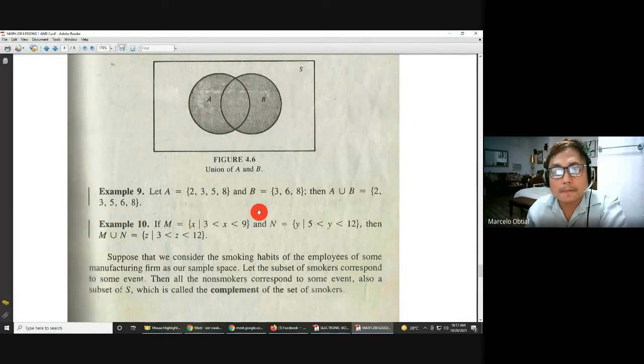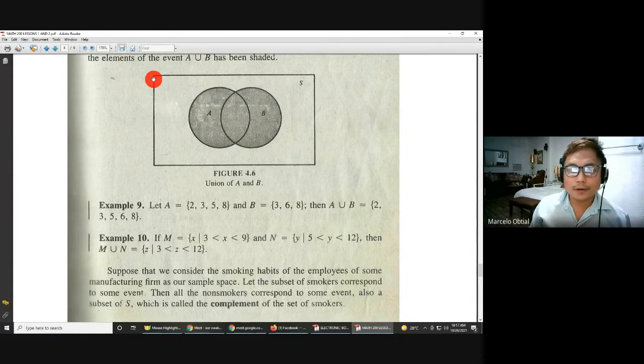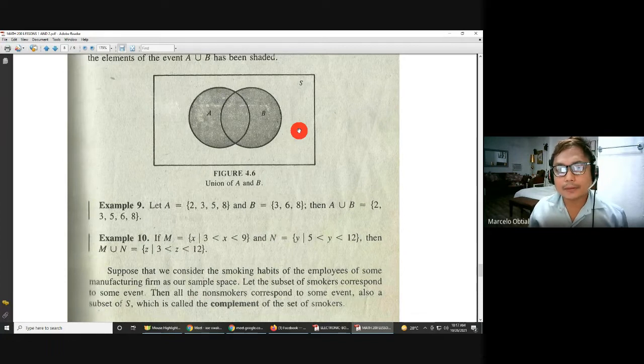No? Okay, in Venn diagram, just draw this rectangle or square. Then dalawa yung ating events. That is why dalawa yung circle natin. Bakit may overlapping na portion? It's because may common sila. Okay, which are 3 at saka 8.